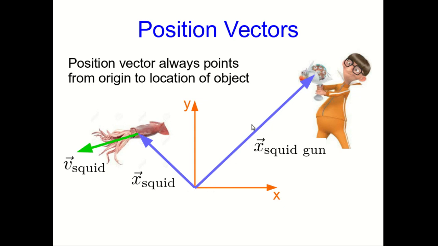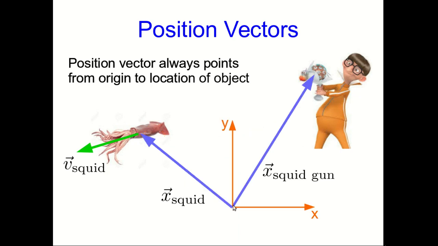One thing I want to point out is that the arrows are the things that are the vectors. You may be able to write down their components, we'll eventually see how to do that, but the arrows themselves are the vectors. So if you just rotate the axes, the vectors themselves haven't changed. They're still the same arrows. On the other hand, if you translate the axes to a different place, now those vectors have both changed.